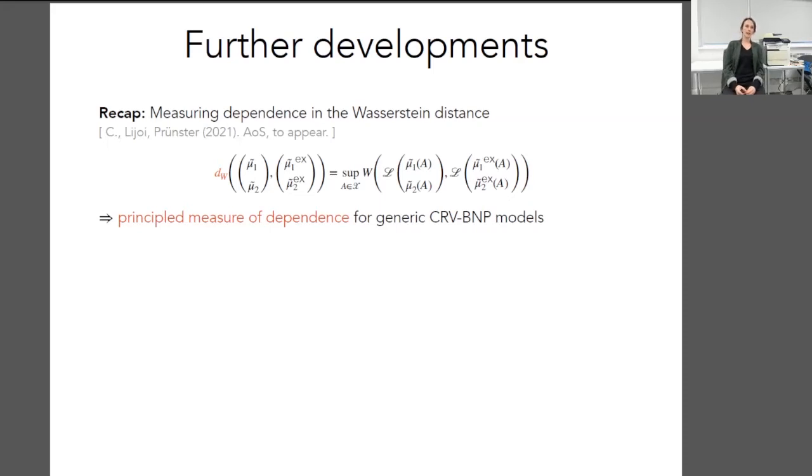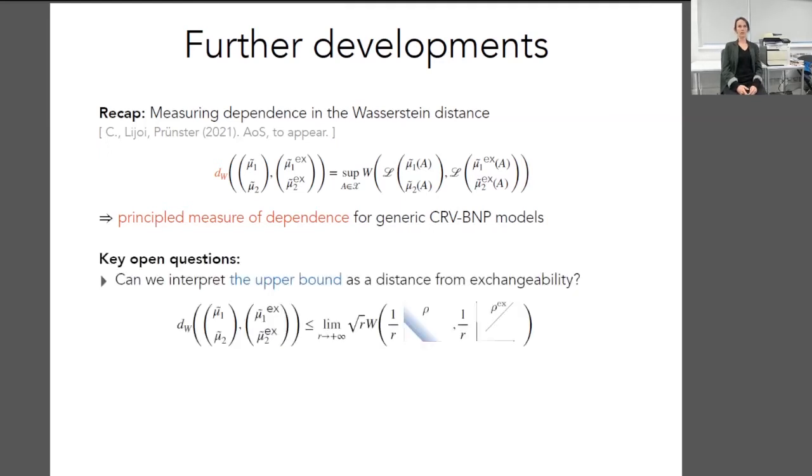Now, at the same time, our work also left some questions open. So first of all, the first question is about this upper bound that we found in terms of the Lévy intensities. It is true that our distance between completely random vectors was very intuitive, but at the same time, when it came to evaluating it analytically, we were only able to evaluate this upper bound.